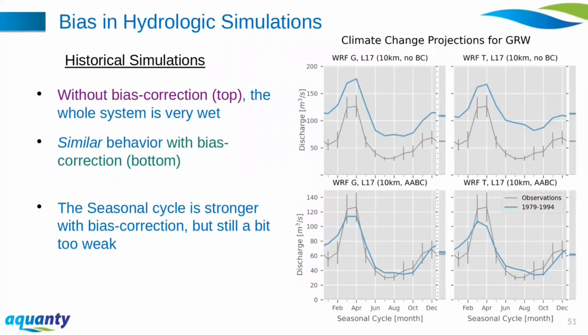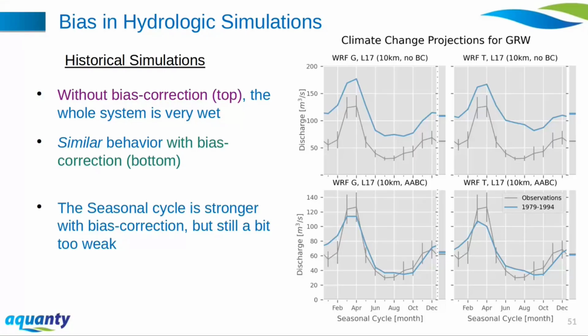And so this is just stream flow. On the right-hand side, at the main outlet of the watershed, the gray is just the observed stream flow long-term average. The blue line is the historical simulated stream flow, using the historical period WRF simulation, the regional climate historical period, and driving the hydrological model with that.